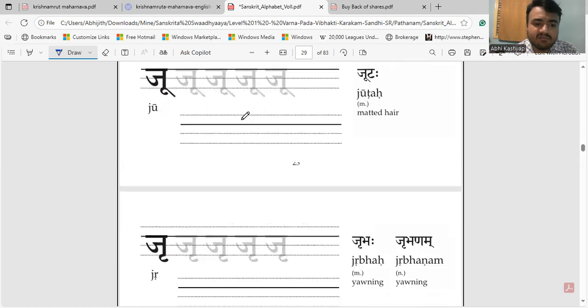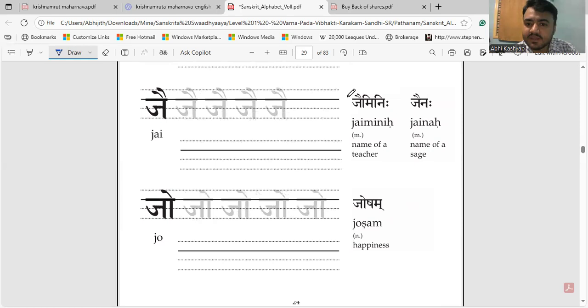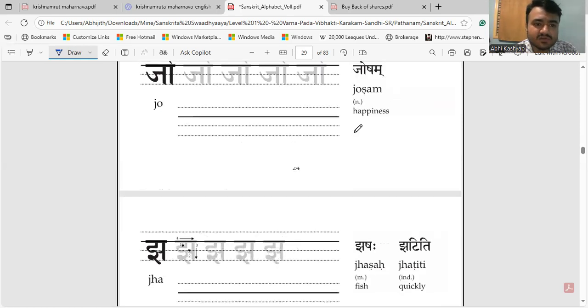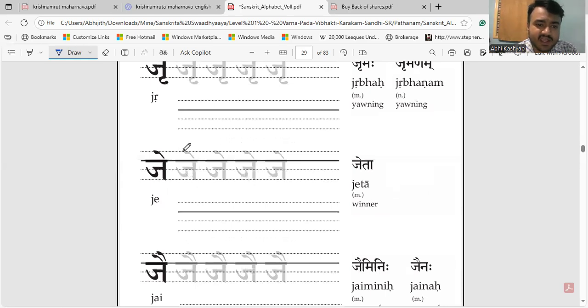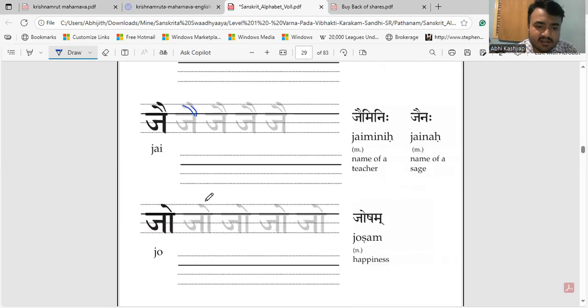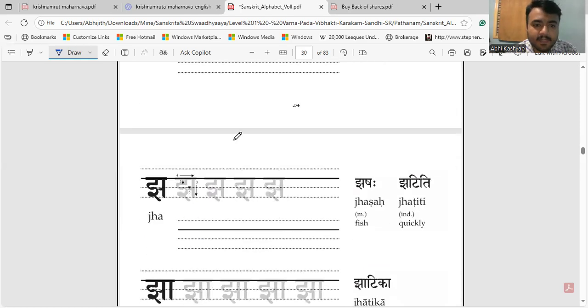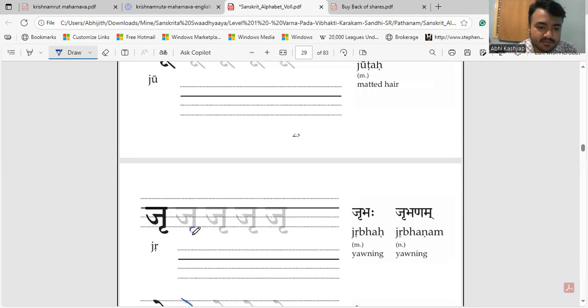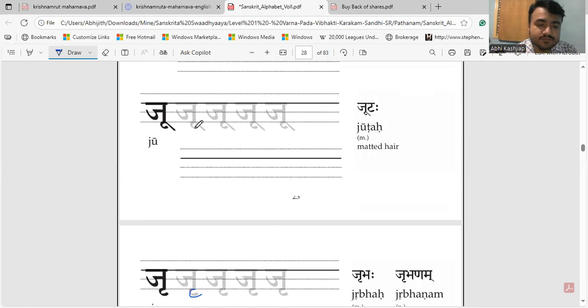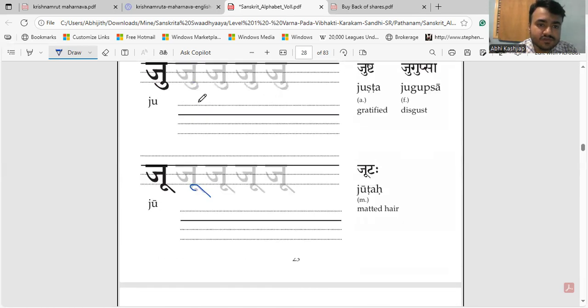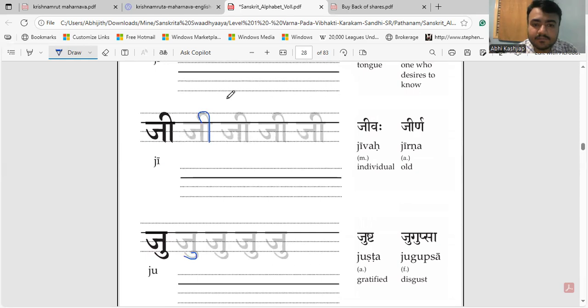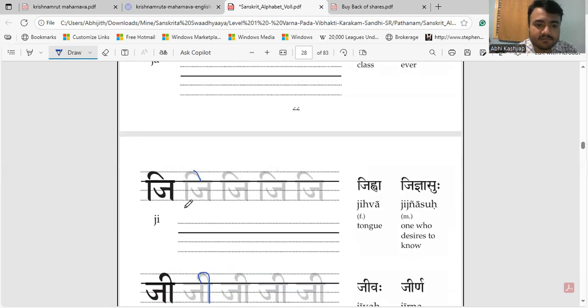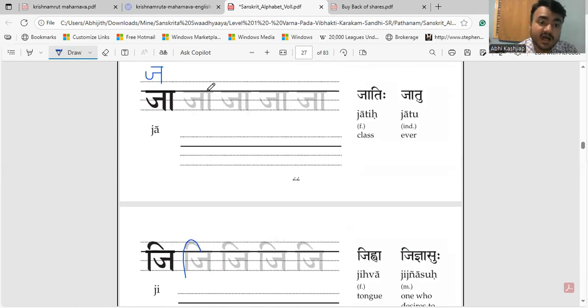And for that, we have all the expressions of swara. So this is Ja, Jai, Jo, Ju, Ji.